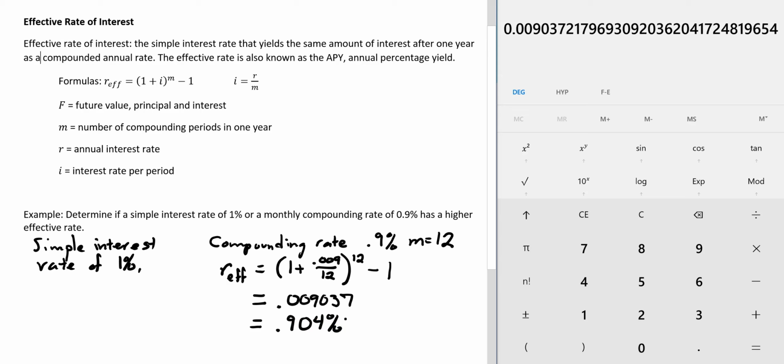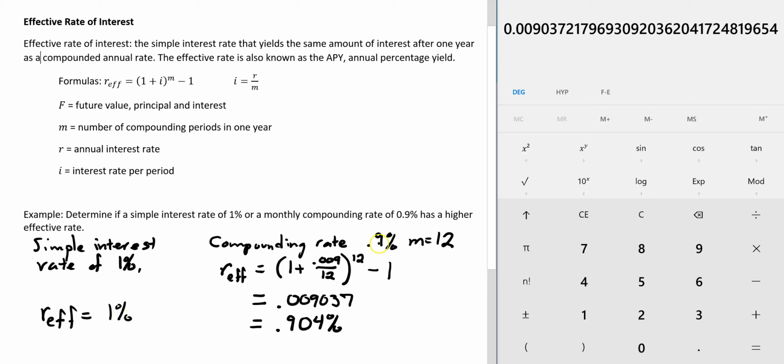We can see that the simple interest rate, its effective rate, is exactly what it is because it's already in simple interest. It's 1%. But when we compare it to the compounding rate, it is still less.